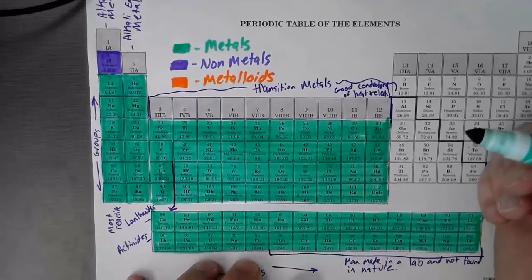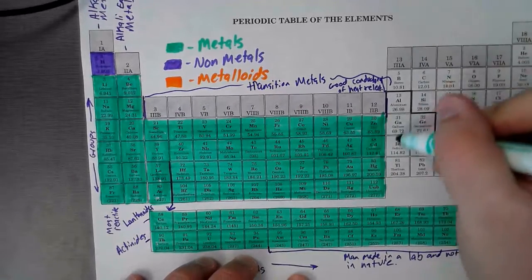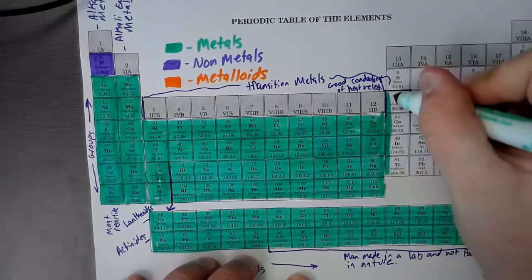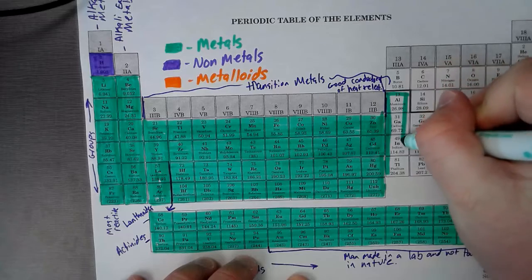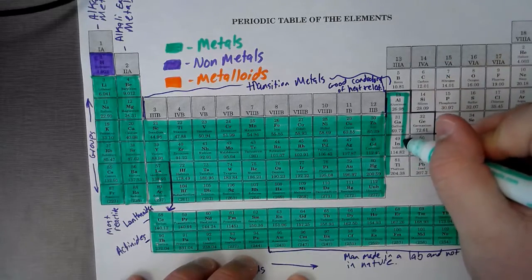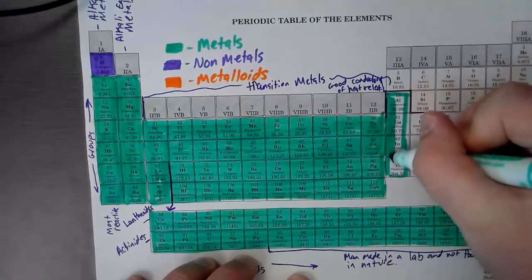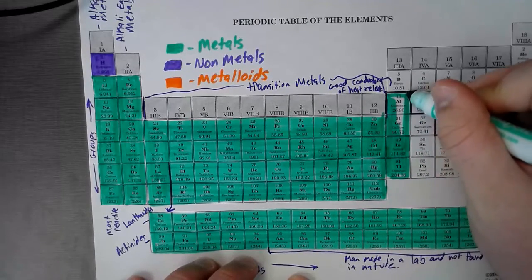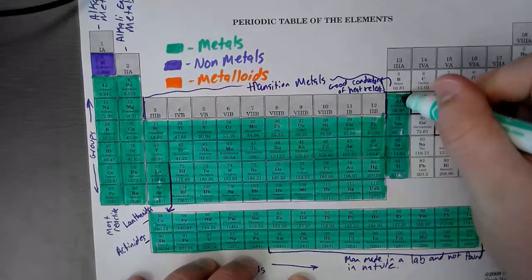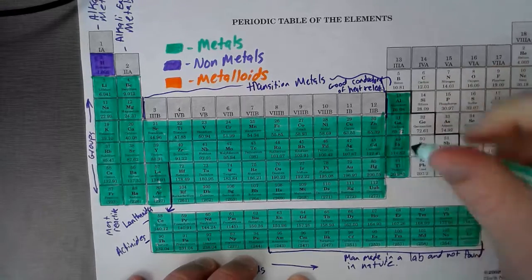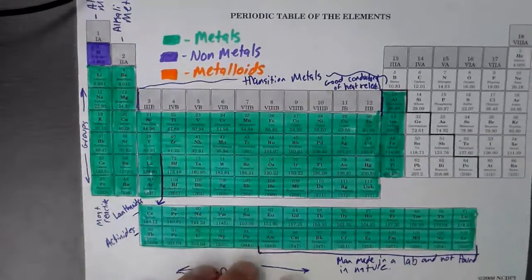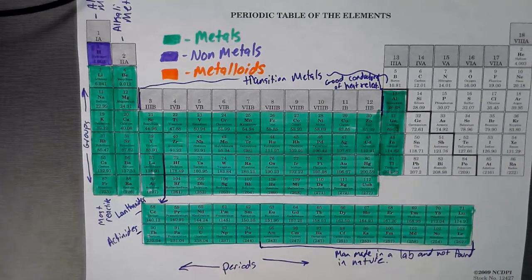As far as metals go in group 13, the boron group, all four of these below the line, aluminum all the way through thallium, are all metals. And that leaves boron up at the top, which is a metalloid.